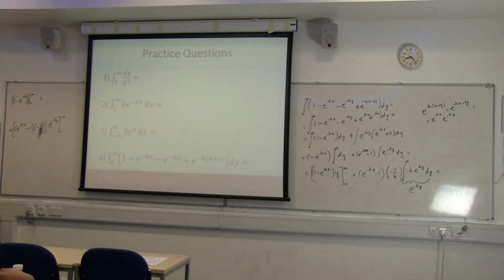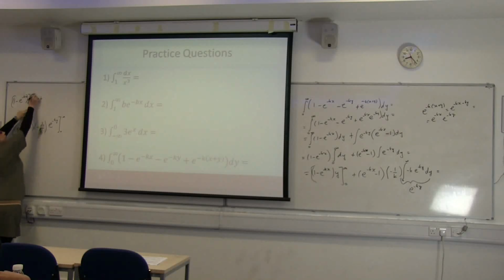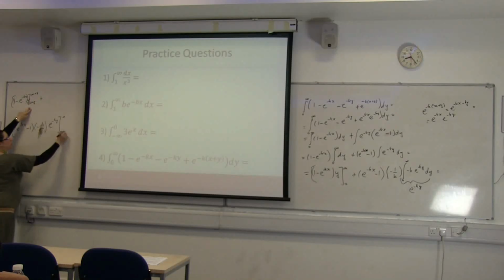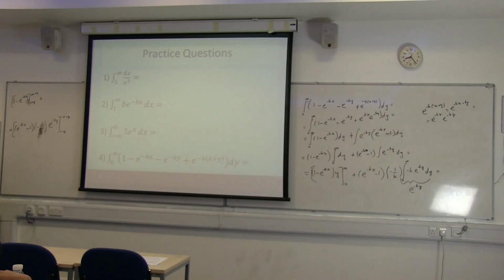Now, think about the limits now. Remember that this was y, because we were integrating with respect to y. So all these limits are for y. So look at this one. What happens to this term when y tends to infinity? No, it goes massive.